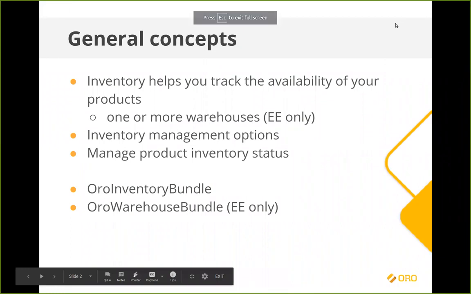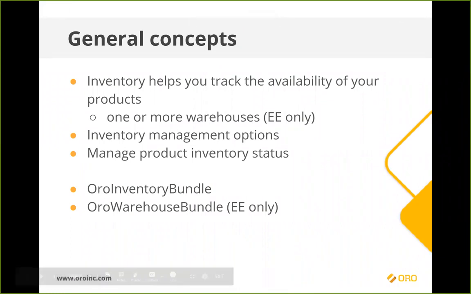Basically, inventory is just the items at your warehouse or items at your stock, or just items you have in real life, and it helps you to track the availability of your products. In OroCommerce, we may have multiple warehouses in the enterprise version of the application, or one warehouse in the community version. We have multiple inventory management options. We're going to see them one by one.